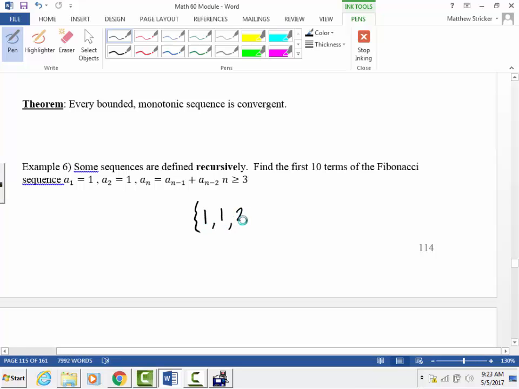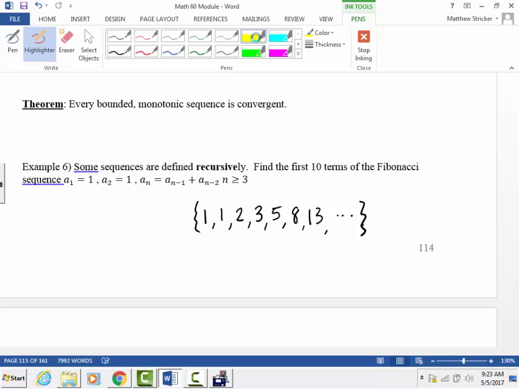The next term is formed by adding the ones before that. 1 plus 2 is 3. The next one is formed by adding 2 plus 3, which is 5. What's the next sequence term going to be? 8, 13, ... This is what type of a sequence? It's a recursive sequence, and specifically, this is the Fibonacci sequence.